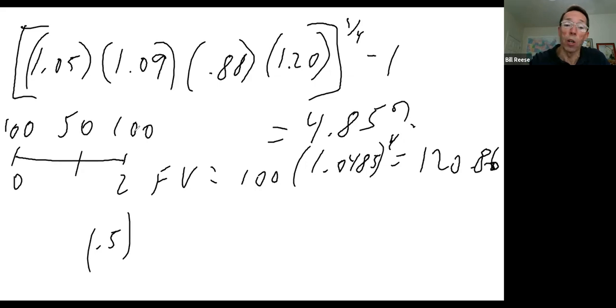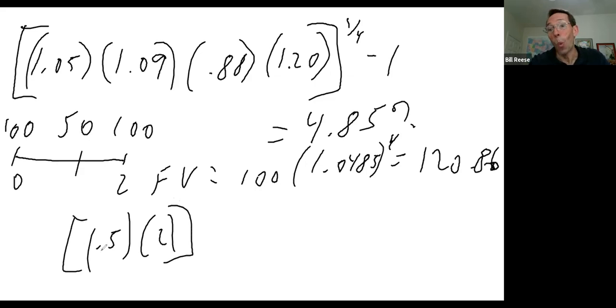Add 1 to 100%, and you get 2. Multiply them together: 0.5 and 2 is 1. Raise that to the 1/2 power, which is the same thing as taking the square root, and you still have 1. Subtract 1, and you get 0. So the geometric mean was 0, which is a pretty good indication of what happened when we started at $100 and ended at $100.